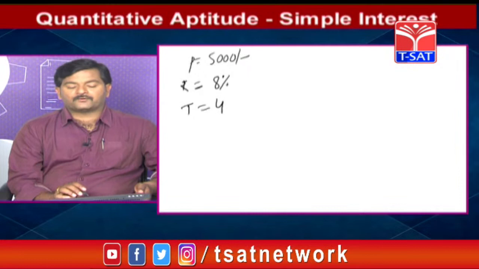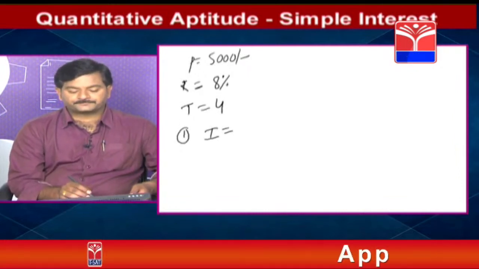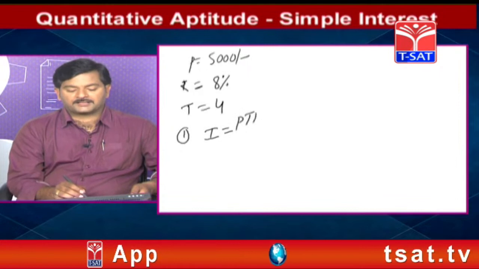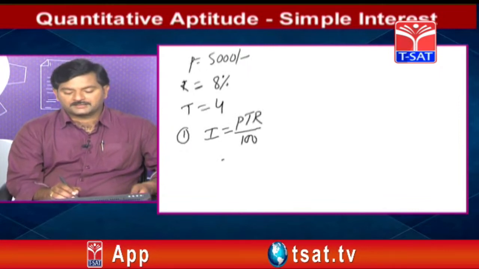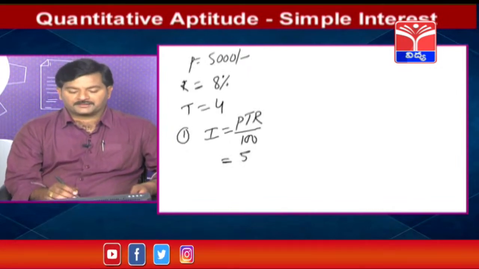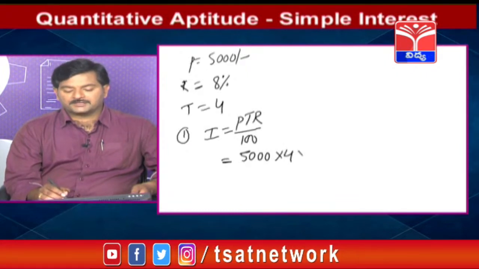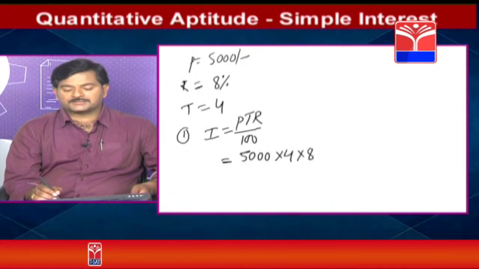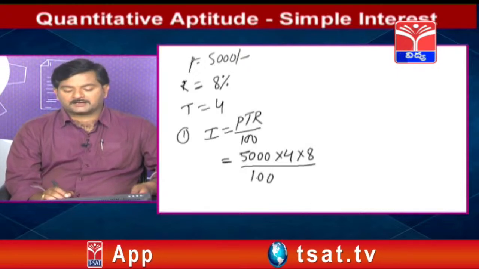4 years, clearly given. Okay, so now we have a formula, that is I is equal to PTR by 100. We have each and every parameter. P value is 5,000, T value is 4 years, R value is 8%, whole by 100.